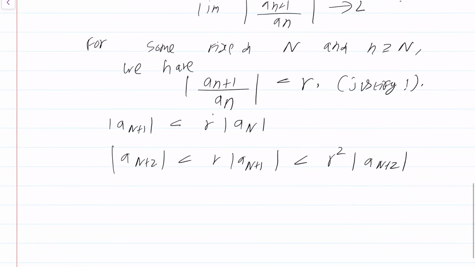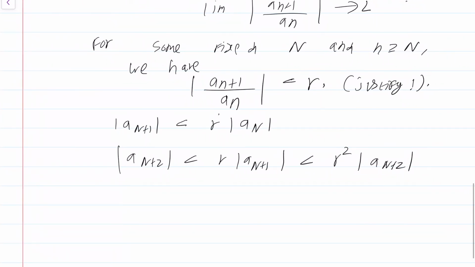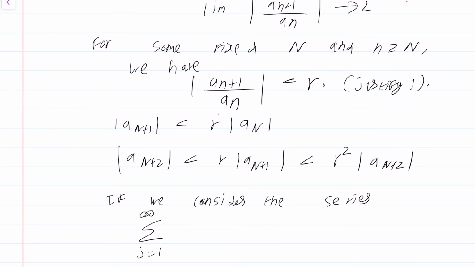So, what will essentially happen is, if we consider the series summation j equals 1 to infinity mod a n plus j.